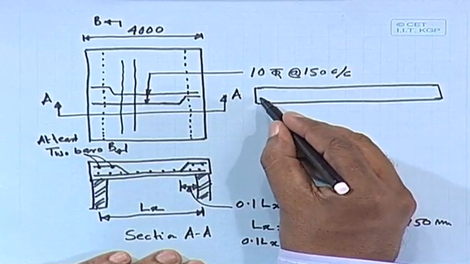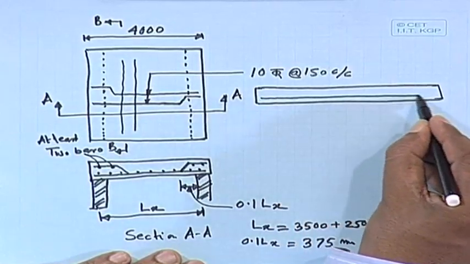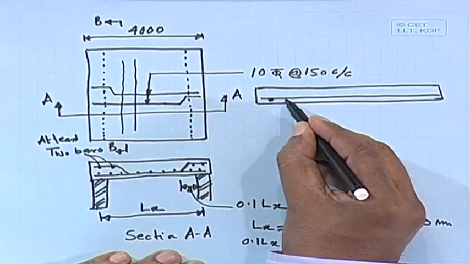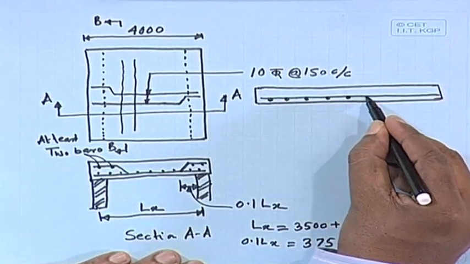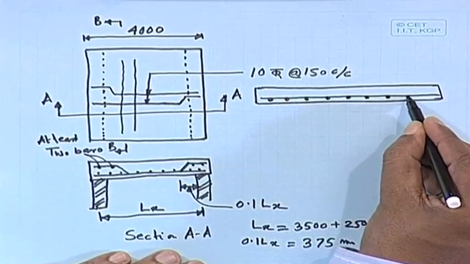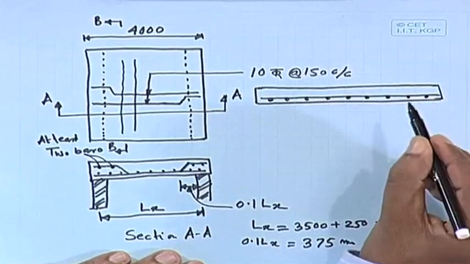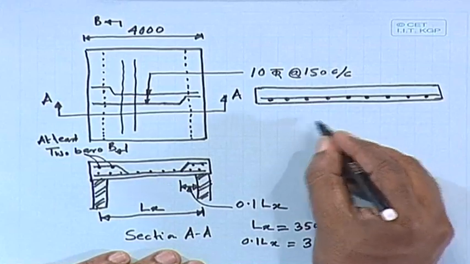And this is that bar. Please note the dots in 2 different sections. This is your section BB.